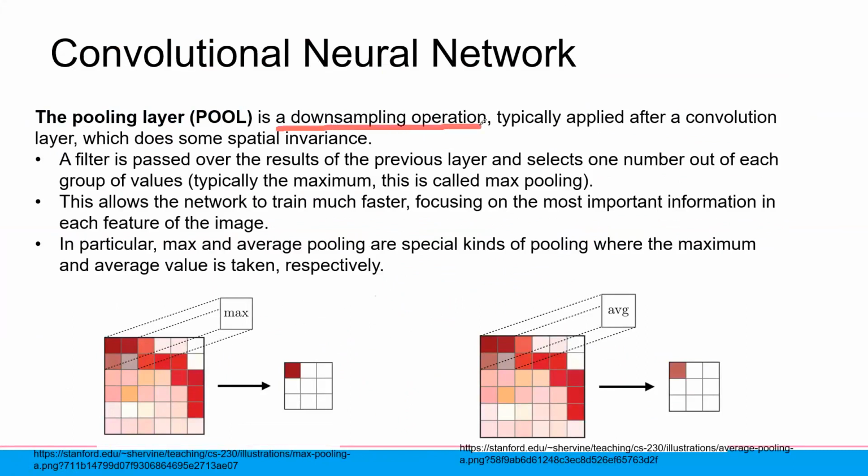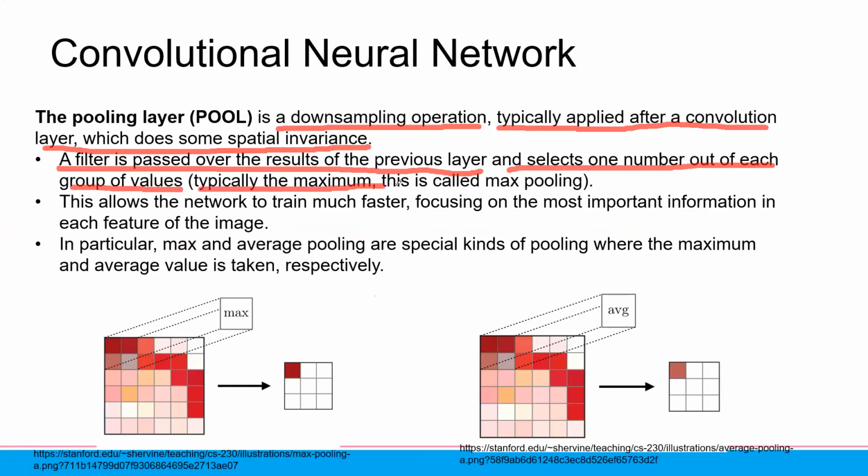Downsampling operation means we want to check only the important numbers or the important features. It is typically applied after a convolution layer, which does some spatial invariance. A filter is passed over the results of the previous layer and selects one number out of each group of values.